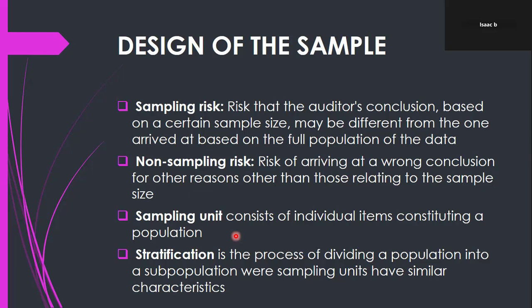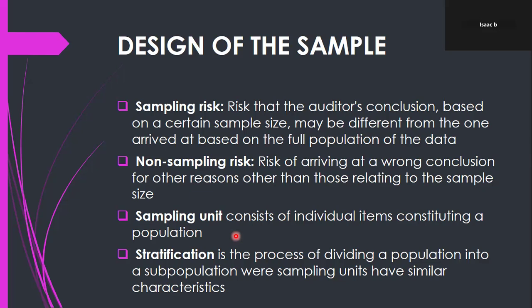Then sampling unit consists of all individual items constituting a population. So all individuals in the population is what we call a sampling unit. Right? Then stratification is a process of dividing a population into subpopulations where sampling units have similar characteristics.